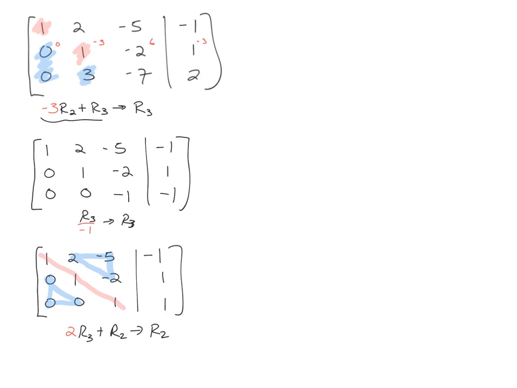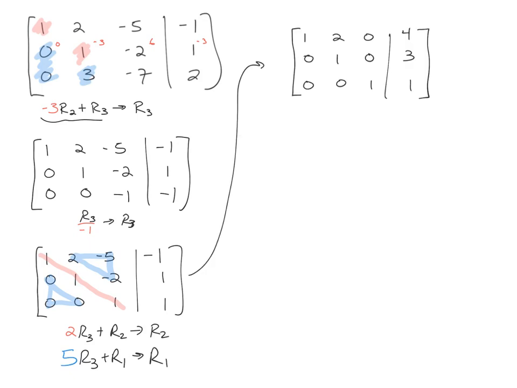And simultaneously, I'm going to multiply row 3 by 5. So 5 times row 3 plus row 1, because that's where we want a 0, and the opposite of -5 is +5. And then we will replace row 1. So I'll get the matrix over here.